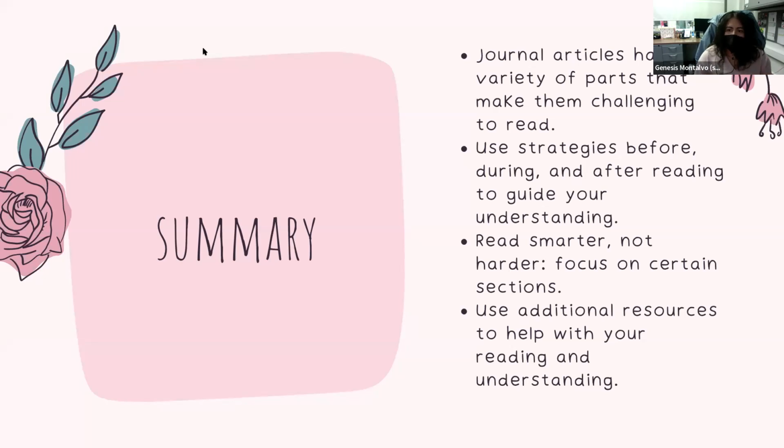Read smarter, not harder. Focus on certain sections and build your understanding on those sections because sometimes that's all we need for a class or for an essay. And use additional resources to help with your reading and understanding, whether that's talking to a success coach, librarian, or a tutor, or reviewing other workshops provided on campus. All of that would be really helpful.